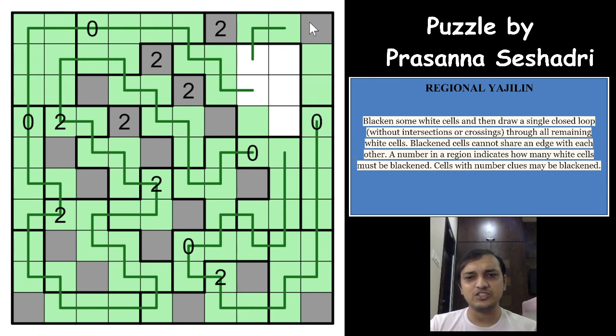This cell will have to be unshaded, and this cell will have to be shaded, and this will go down, this will go down, this will go this way, and this will go up, this will also go up. This cannot connect this way because you form a different loop segment. It has to go up and it has to connect this way.